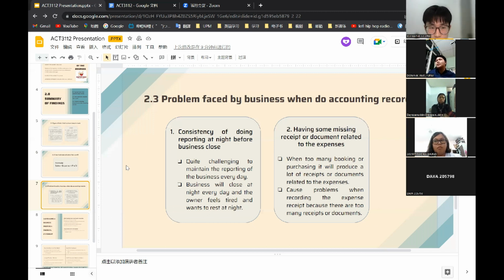When there are too many bookings or purchases, it produces a lot of receipts or documents, which causes a problem when recording the expenses. Next, I'll pass to the next presenter. Thank you.